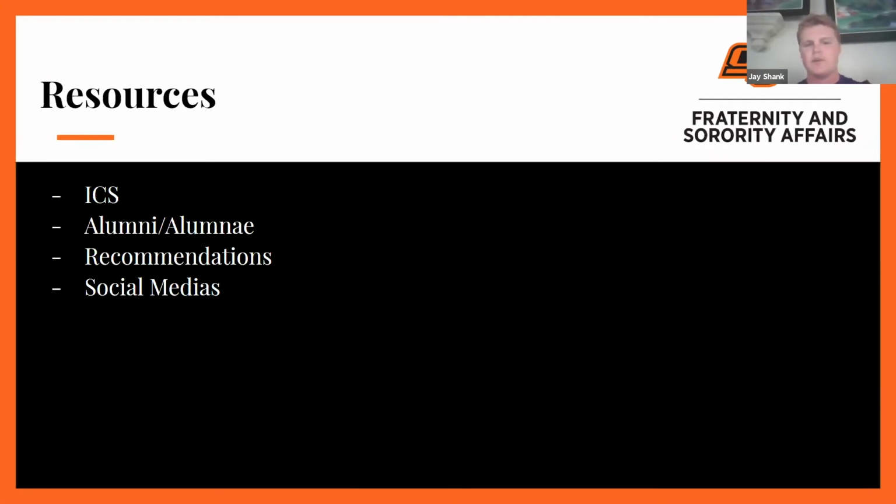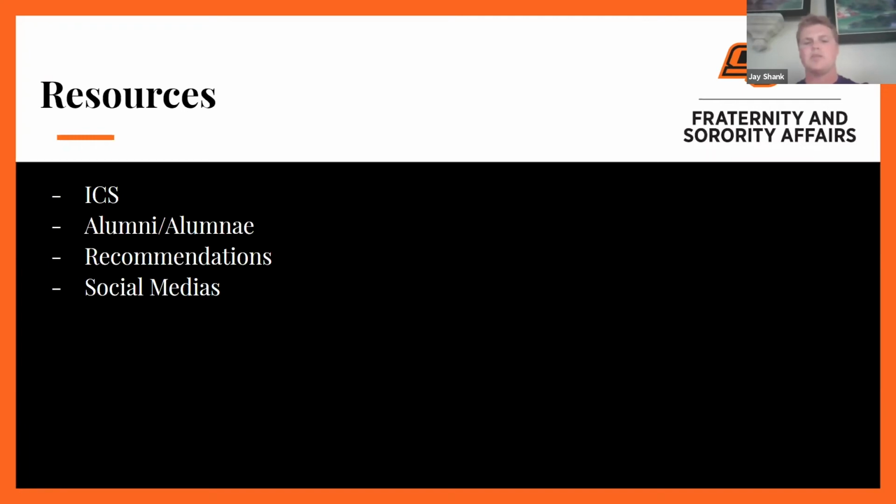IFC recruiters should be encouraging P&Ms and recruits to sign up on ICS. And basically what ICS is, it's a software website that people can go to, register for recruitment there, pay a fee, and then enter in a bunch of information about themselves. And that includes contact information, school, GPA, records, all that kind of thing.